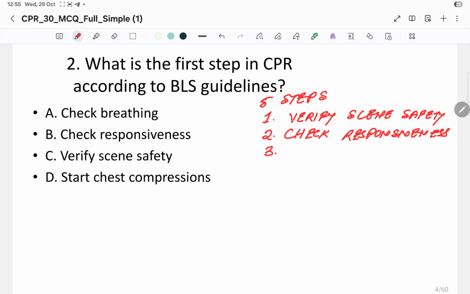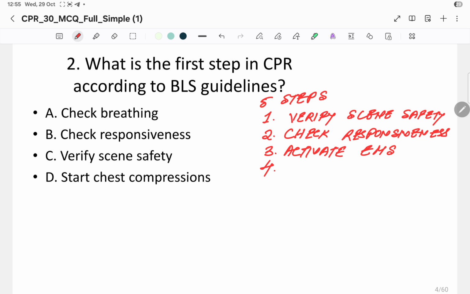Step 3, we have call or activate emergency medical services.